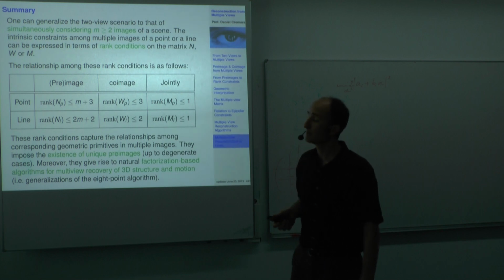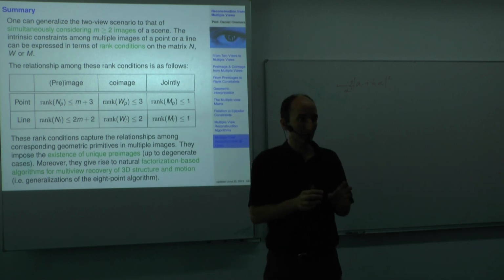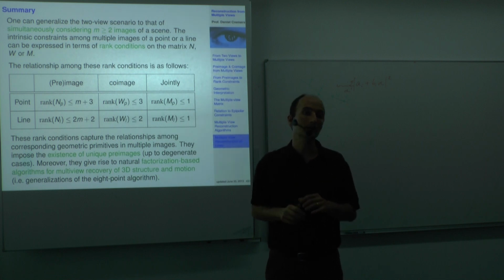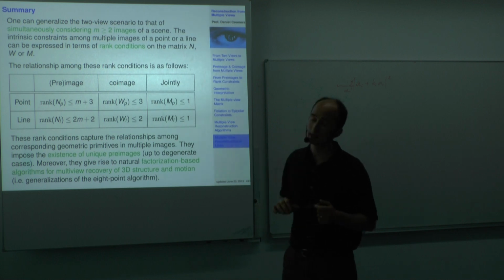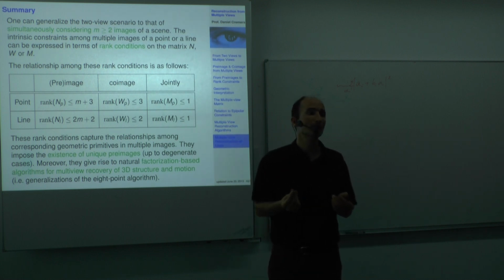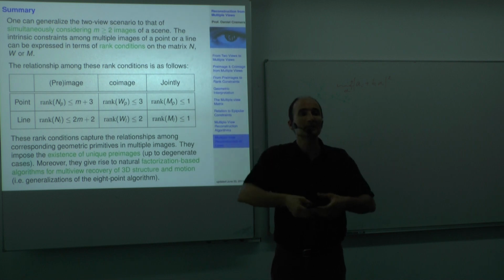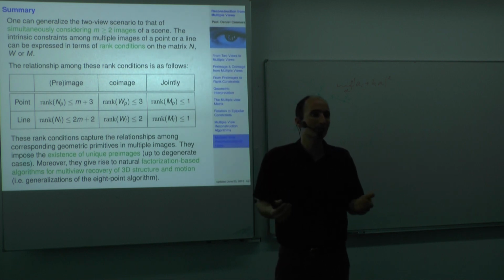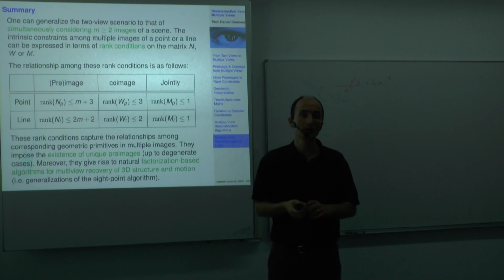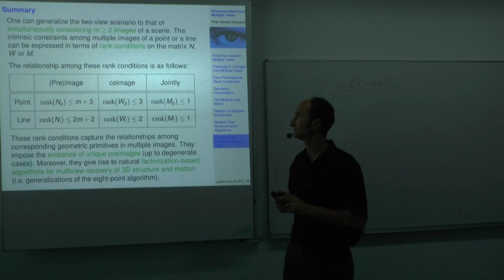And we then replaced the so-called epipolar constraint from the two-view setting by rank constraints on matrices. But what we also saw in that context is that the rank constraints are not as practically usable. They are more difficult to get into a working algorithm. For example, decoupling the structure and motion problem, like in the 8-point algorithm, was not feasible here.